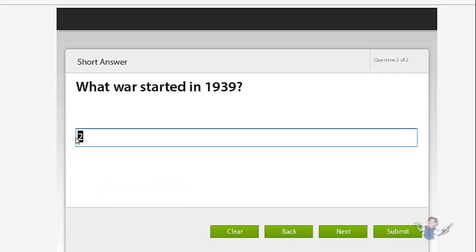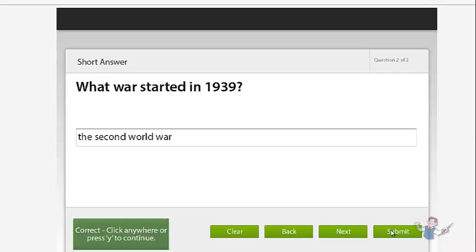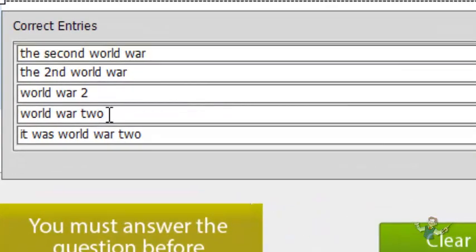But if we put in the Second World War and click submit, it'll say correct, because we have written down the exact answer as we put down in our answer parameters within the program.